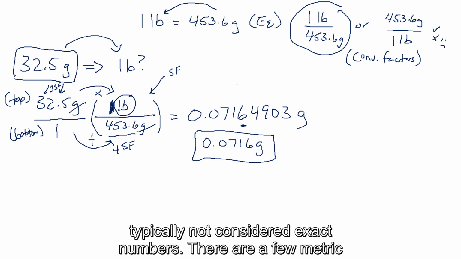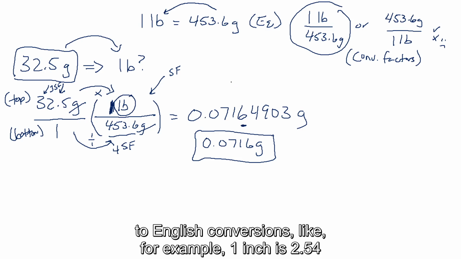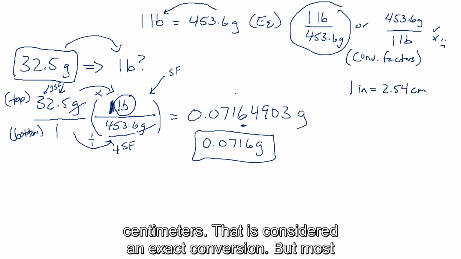There are a few metric to English conversions, like, for example, 1 inch is 2.54 centimeters. That is considered an exact conversion.